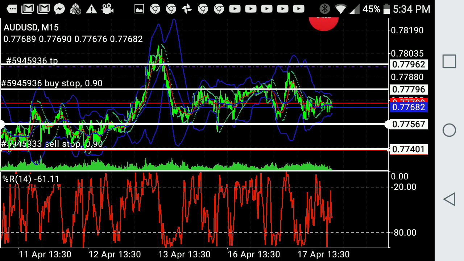You could make this your entry level, so you'd have an inside and an outside in this case if you were to do this. So if price were to fall down to 77.56 and fall all the way to 77.40 in this case, this would be an inside, and you would have from 77.80 to 77.96 as an outside, and this is within the same pair.